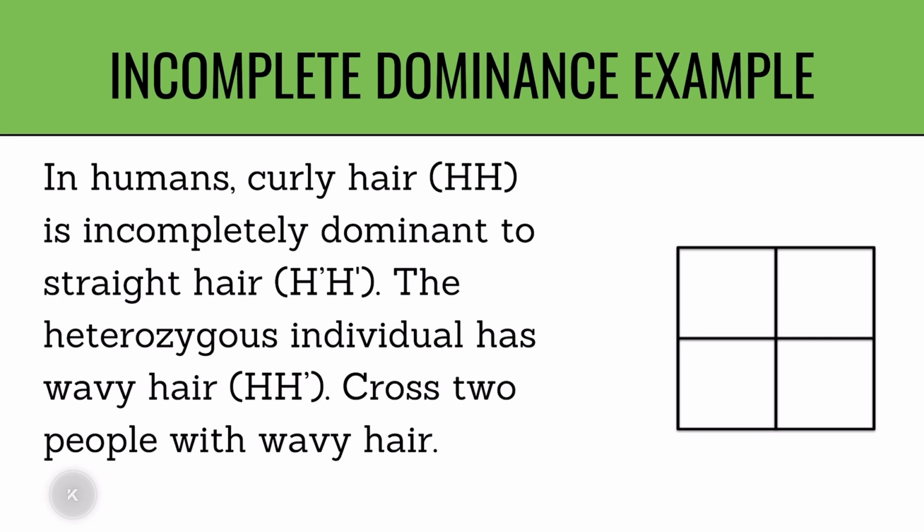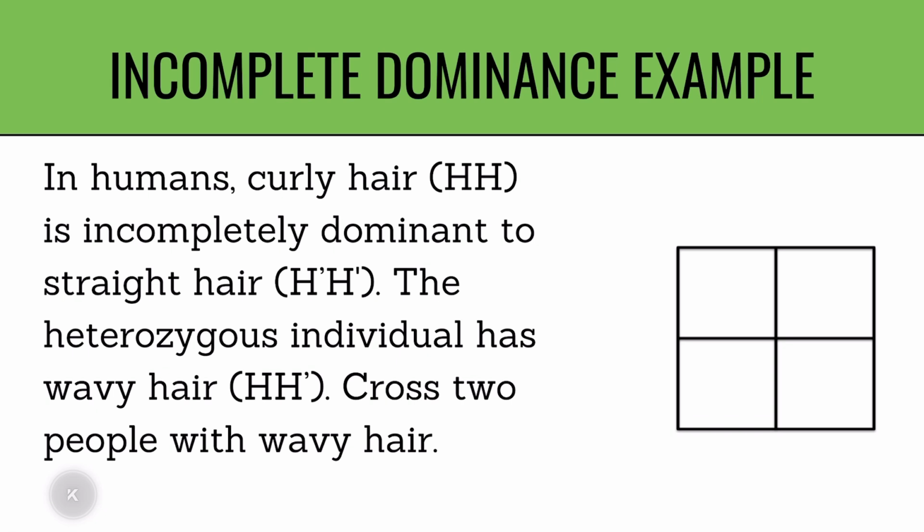The reason they're using capital H's in this scenario is so that you know neither one of them is recessive to the other one. So the heterozygous individual has wavy hair. When you have a heterozygous individual, it is that combination between the 2. So wavy hair is kind of in the middle between curly hair and straight hair.